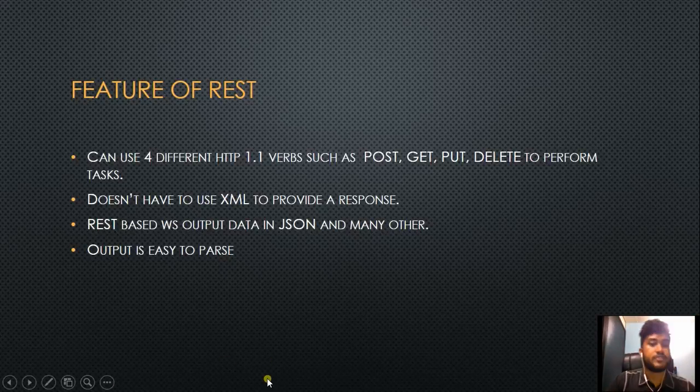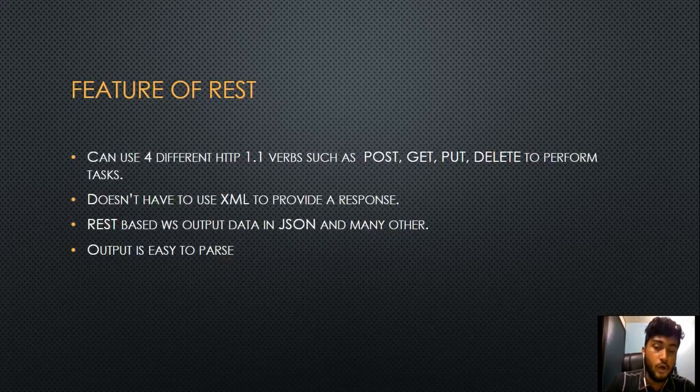REST uses 4 different HTTP 1.1 verbs such as post, get, put, delete to perform tasks. These are all functions of HTTP, and REST uses them, and most of its work is done by this.